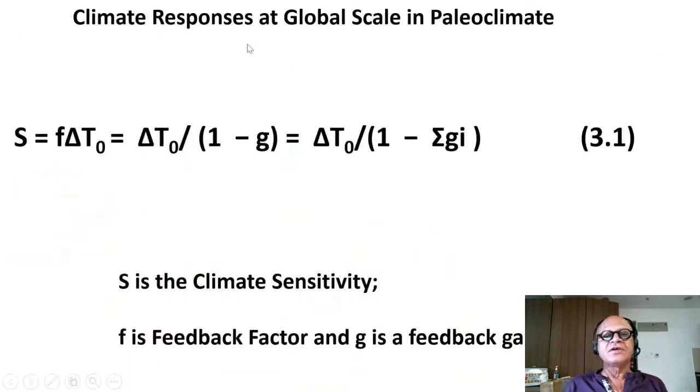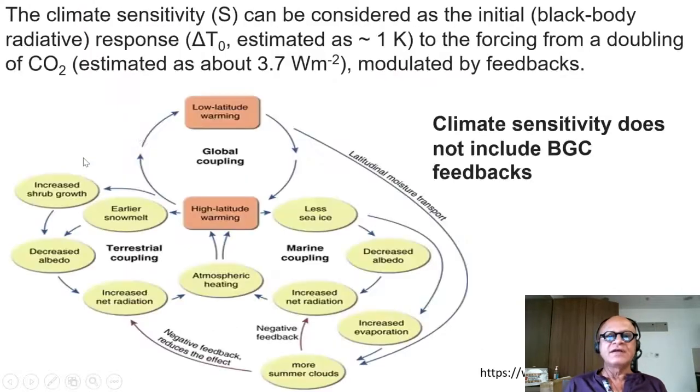Looking again at the climate responses at global scale for paleoclimate, the sensitivity is defined as a feedback factor F times delta T0. So here we said if we had no feedback, the 3.7 watts per meter squared radiative perturbation coming with doubling of CO2 would change delta T0 by 1K.